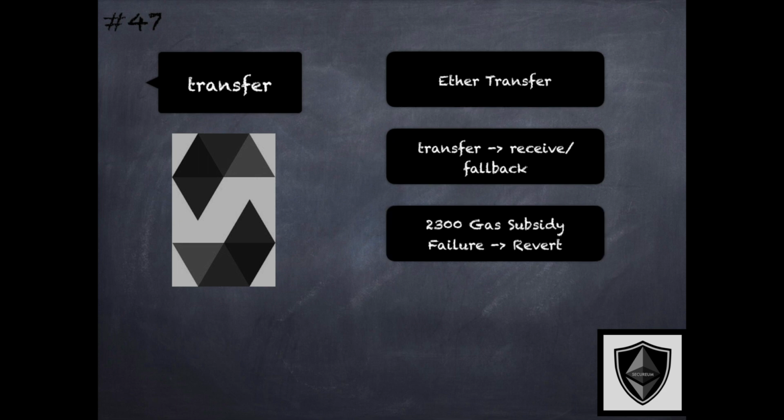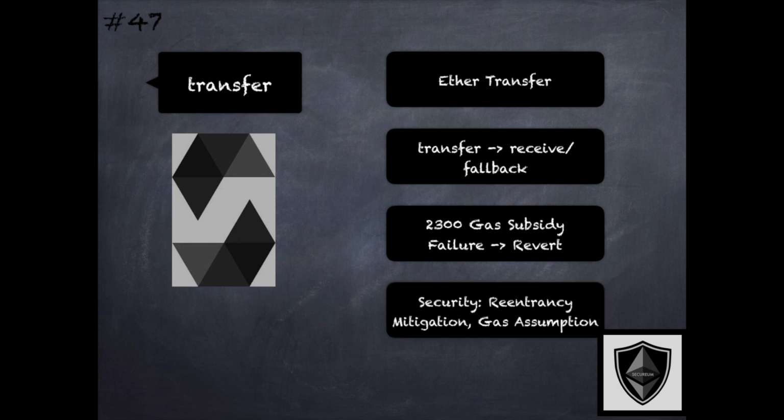And this comes by default supplied with 2300 gas subsidy. This is a fixed amount, cannot be changed, and if the receive or the fallback functions of the target contract use more than 2300 gas, then the transaction fails, it reverts, and there is an exception that is caused, and this is really by design.